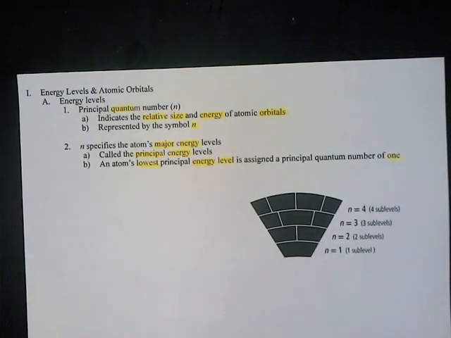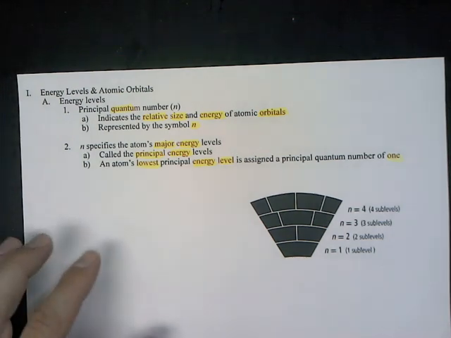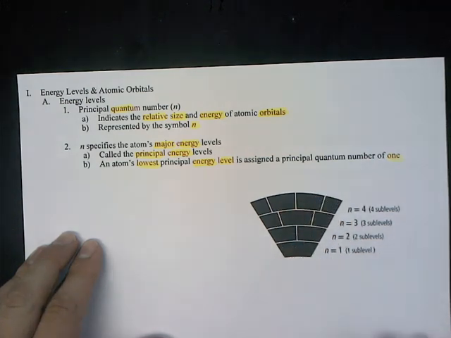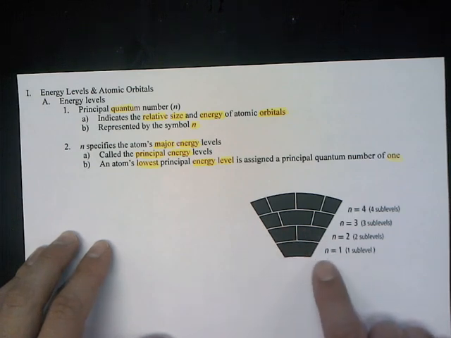What we call n is the principal energy level. Now, what we need to know is two things. Number one, an electron is going to try to occupy the lowest possible energy level possible, and it has to occupy an energy level of at least 1.